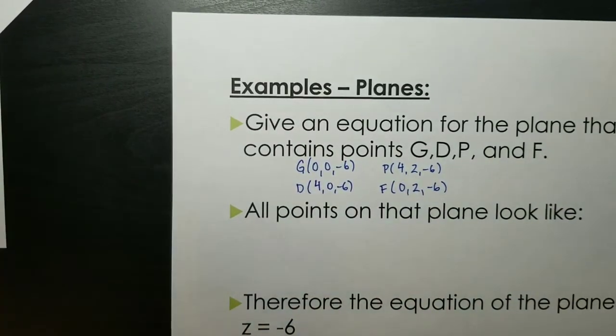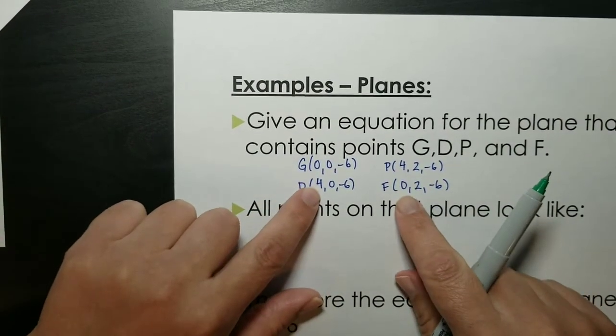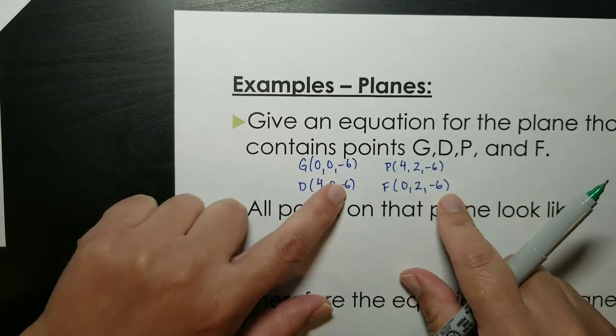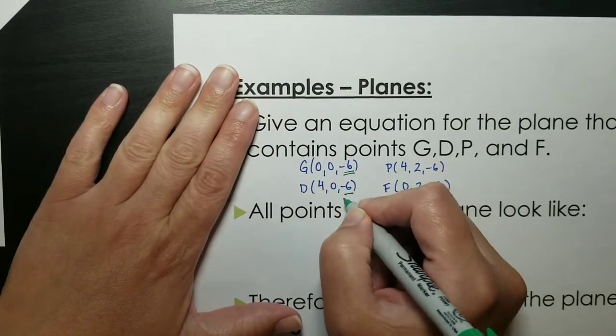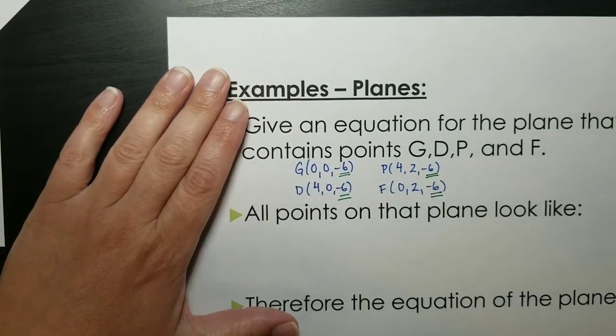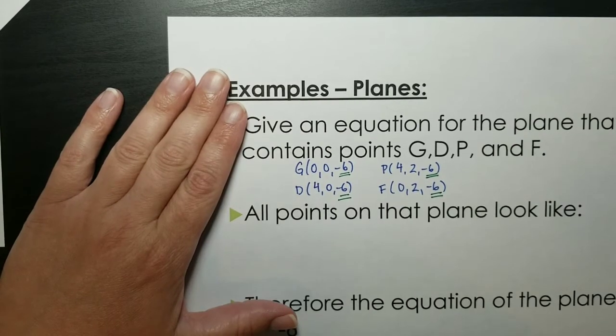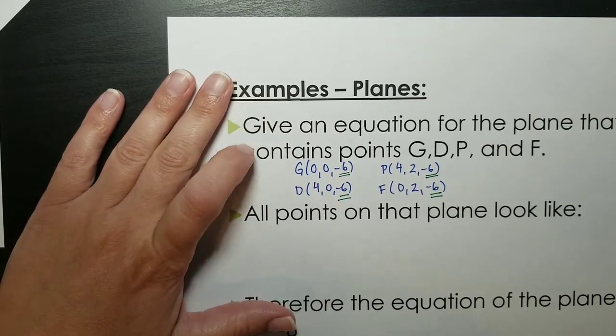So what do these all have in common? So the X values are different, the Y values are different, the Z values are all the same. So it's not any kind of complicated calculations or anything. It's just writing out points that you know and seeing what they have in common. So all points on the plane that contain those points.